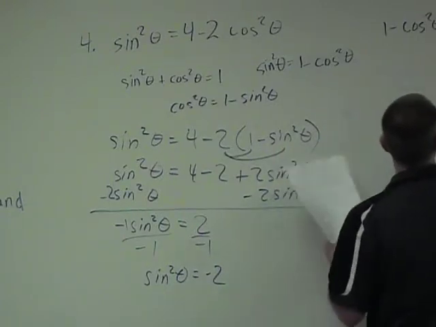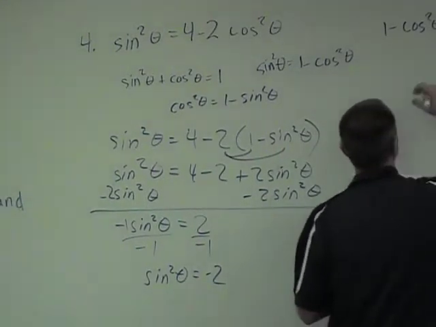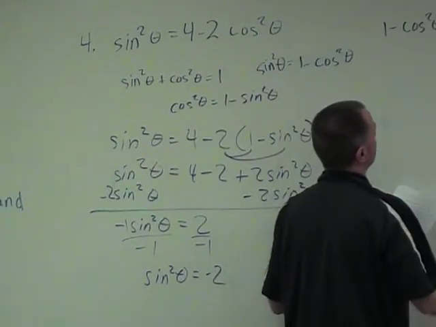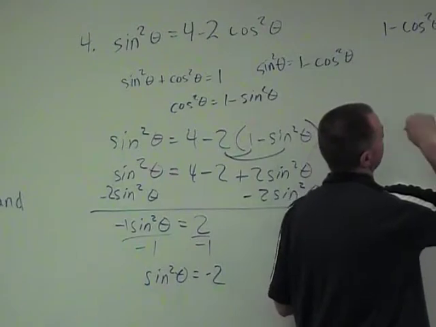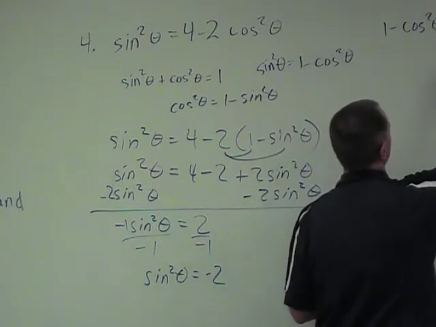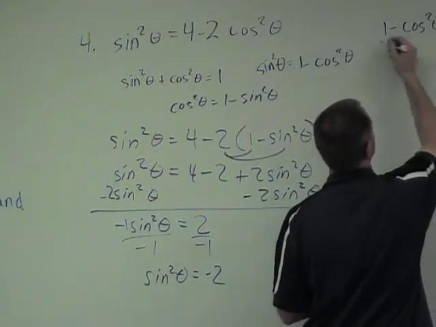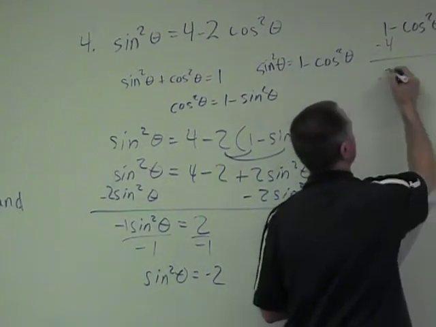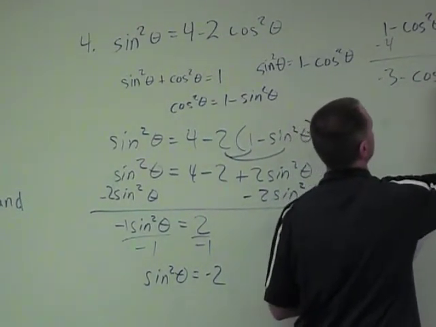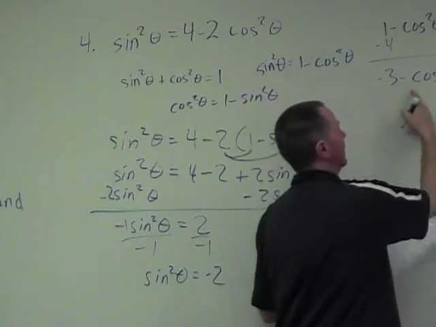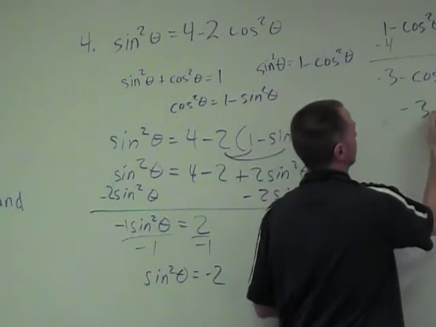So now we just got to put like terms together. No matter which way we go. Subtract 4 over to here, add the cosine squared of theta. Okay. That's -3. Add cosine squared of theta there.